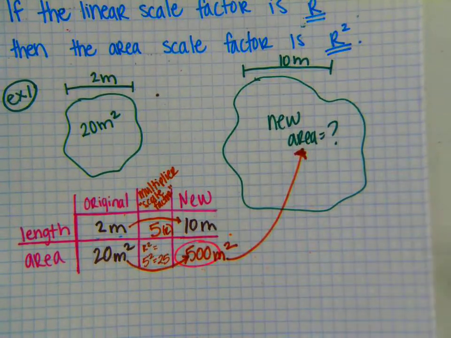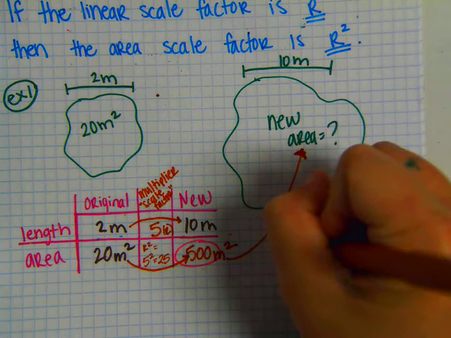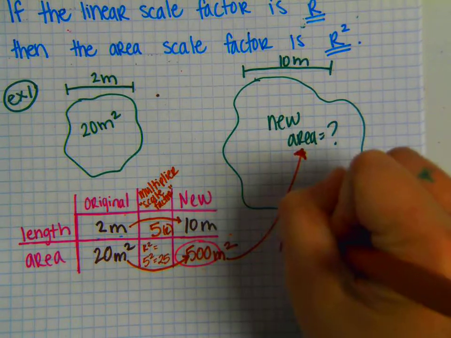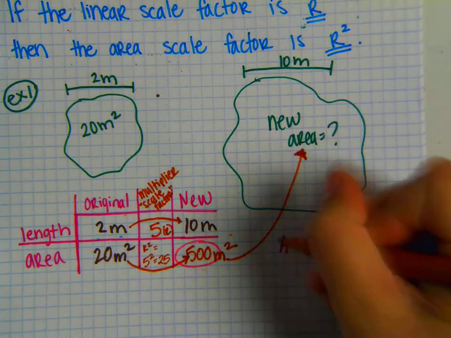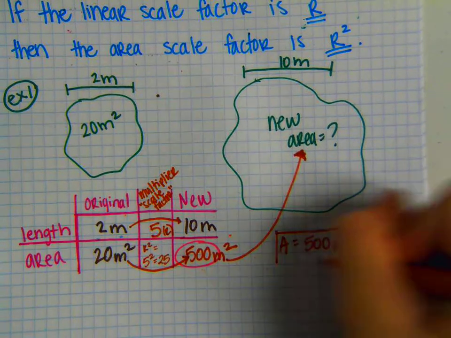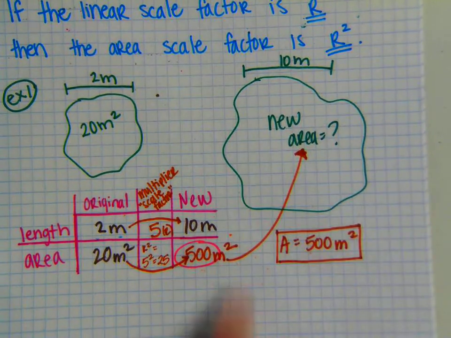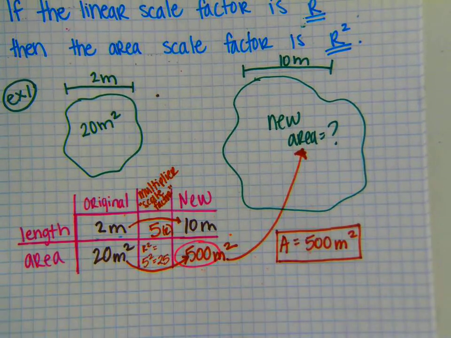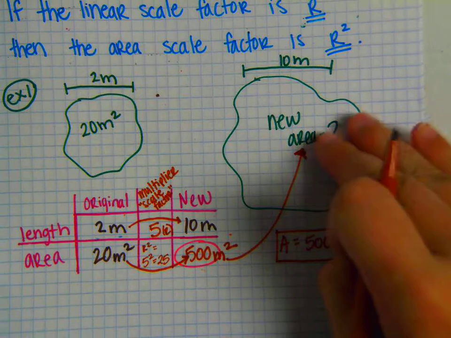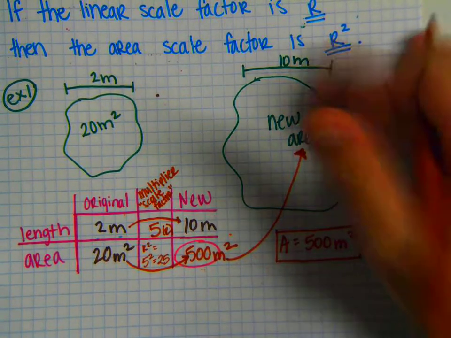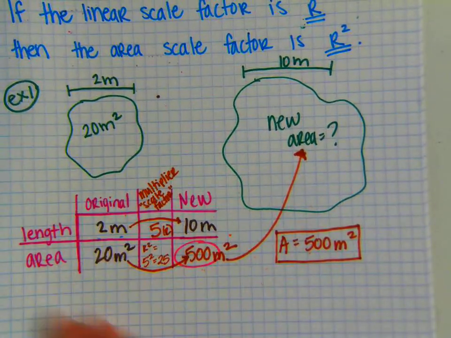So I would write the area equals 500 meters squared. And that's going to be our answer. Okay? Now building this little table right here is going to be really handy, because sometimes you'll be given some information like you'll be given these two and you're finding one of these. Sometimes you'll be given both of these and you're trying to find these. So building this is going to be really key.